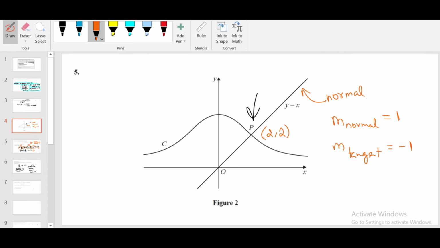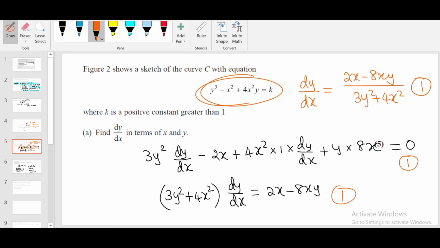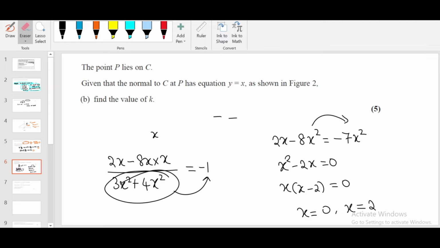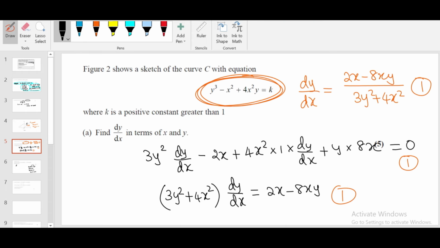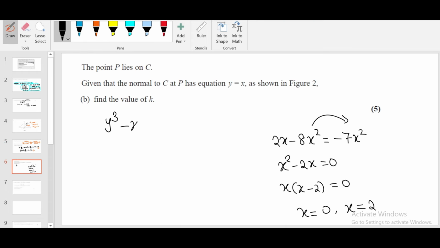Now the point lies on the curve also. So I'm going to replace x by 2 and y by 2 in the equation of the curve to find the value of k now. So I'm going to take the equation of the curve, y cubed minus x square plus 4x square y is equal to k. Replace x and y by 2.